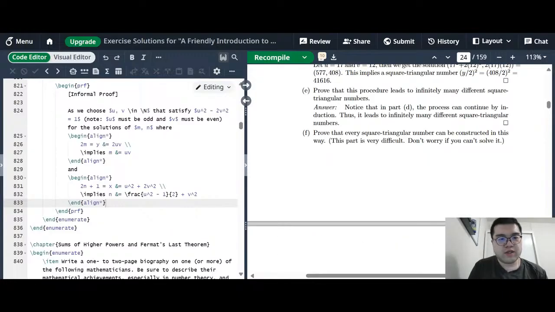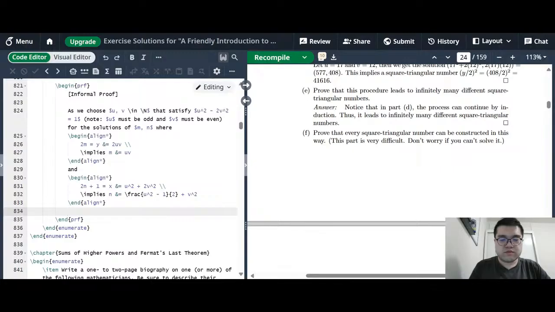We have this here. So we chose what our u and v be, and then in this case we have something like... how should I say it? We can actually somehow simplify this.